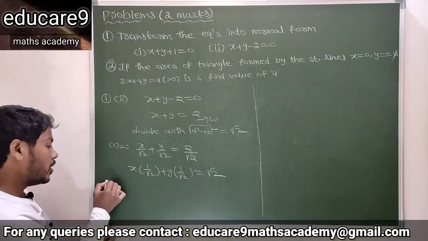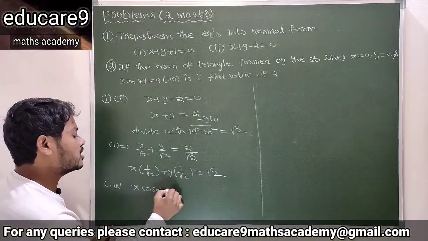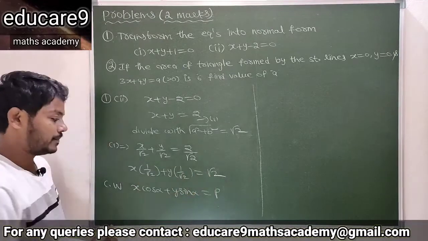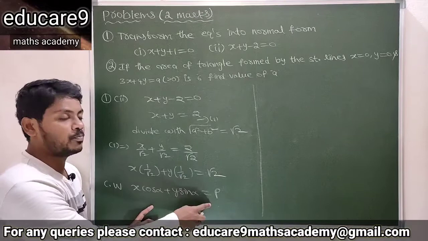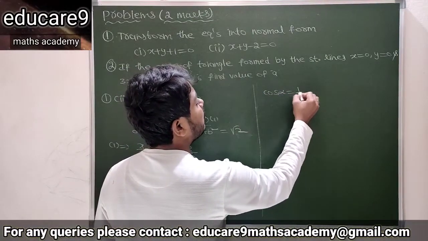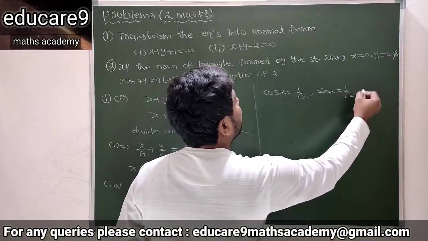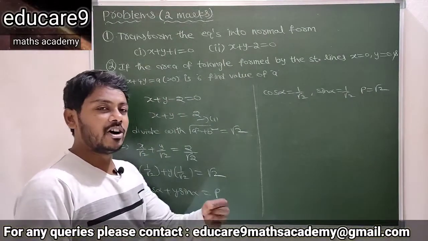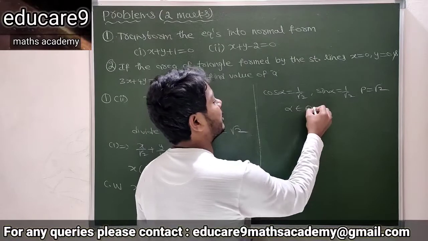Now, comparing this equation with x cos alpha plus y sin alpha is equal to p, what is cos alpha? 1 by root 2. Sin alpha is 1 by root 2, and p is root 2. Clearly both sin and cos are positive, so alpha lies in the first quadrant.